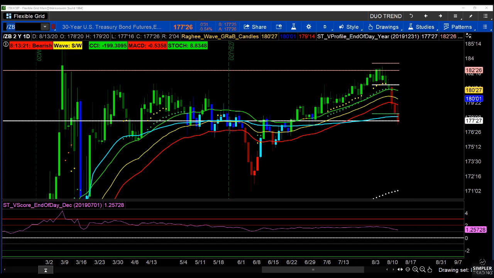So now we're getting down to this level here. This is a really big level. This is no slouch of a level. This is the point of control for 2020. This is the highest volume price level thus far this year. That's huge. That's really, really significant.